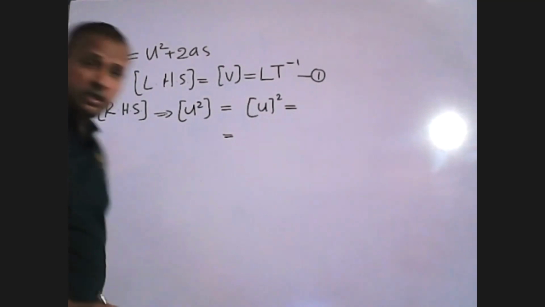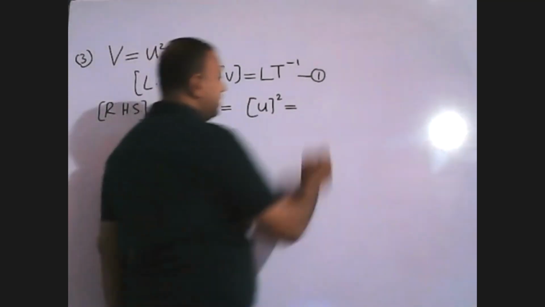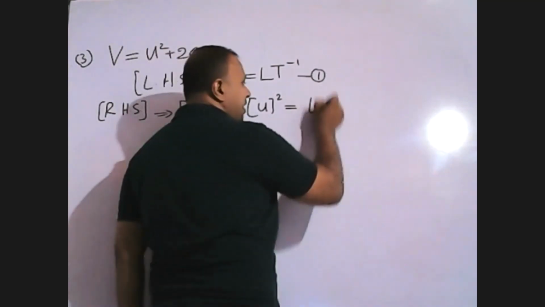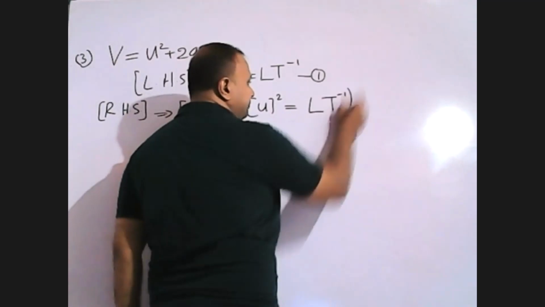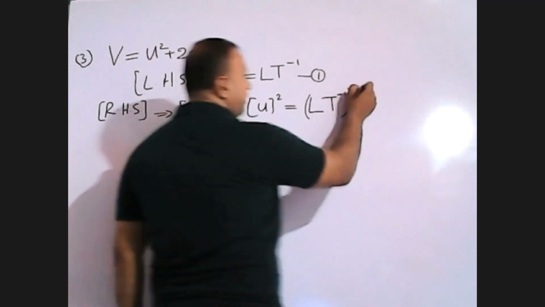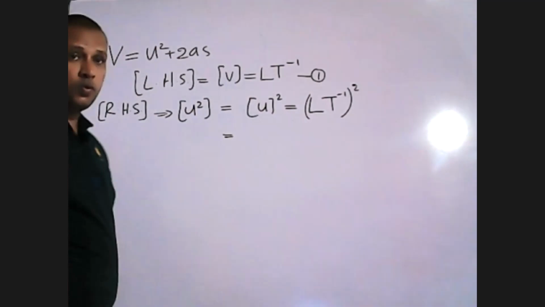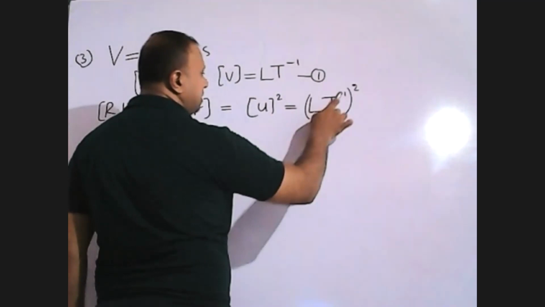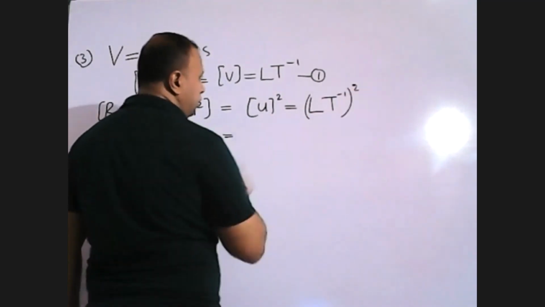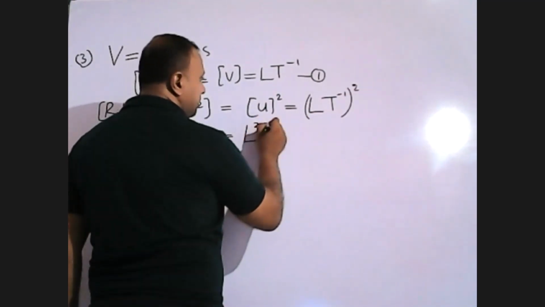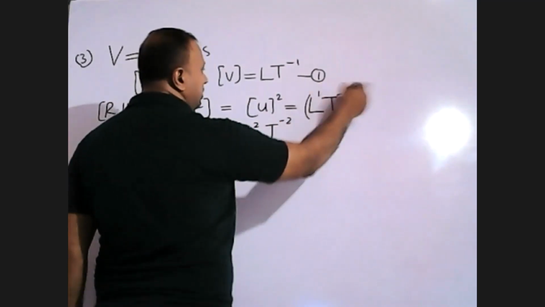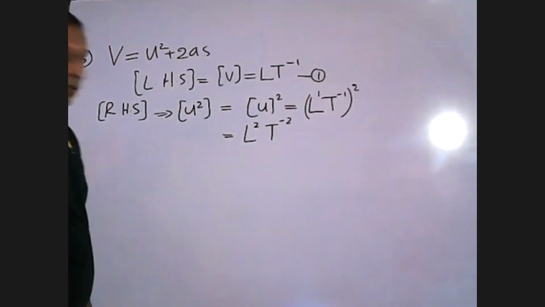The dimension of velocity is LT to the power minus 1, into the power 2. So we can write L squared T to the power minus 2. You have to multiply both powers.